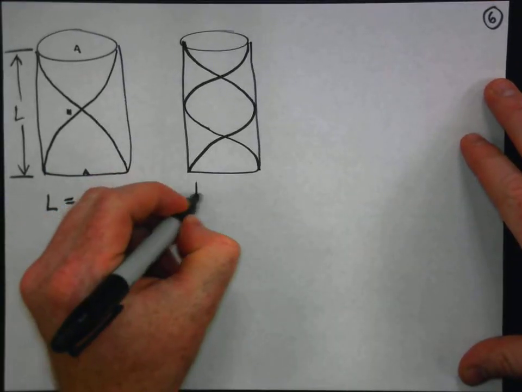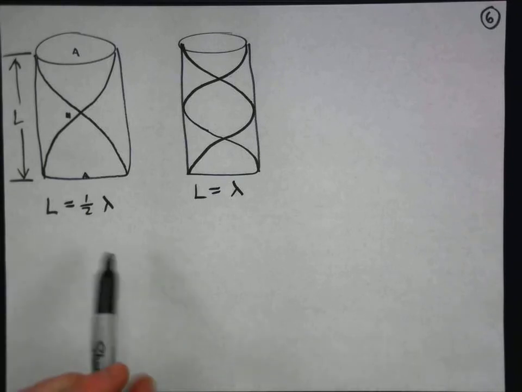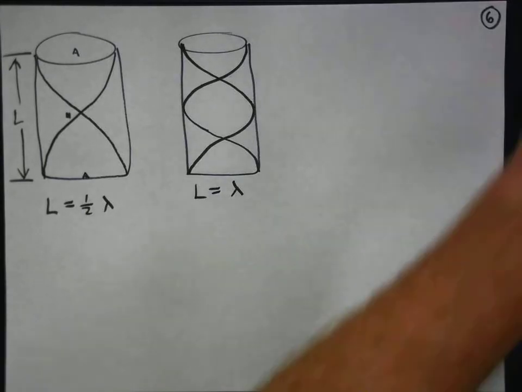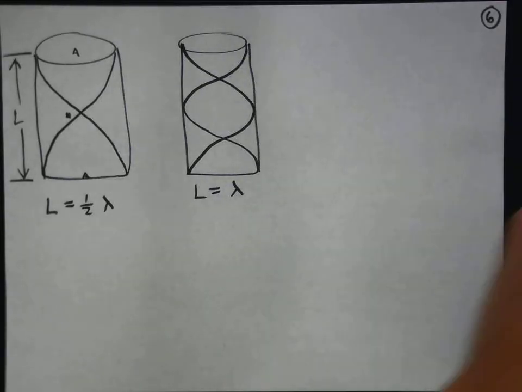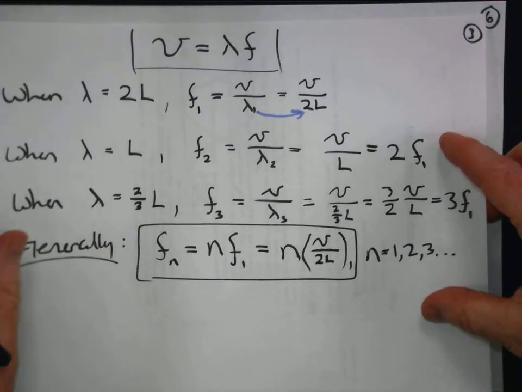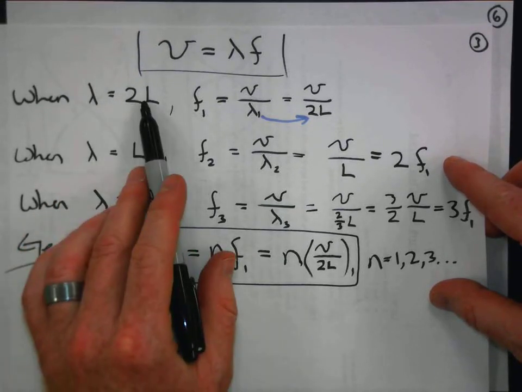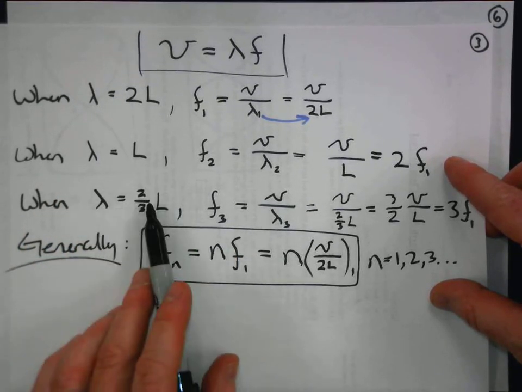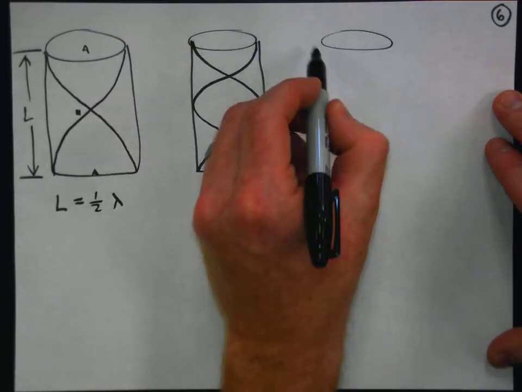So L equals one wavelength. This is starting to look really familiar. I think I've done that before, and it turns out I've done it with the strings. I saw wavelength is twice the length, wavelength is length, wavelength 2/3 the length. I bet I would get the same 2/3 on the very next one.